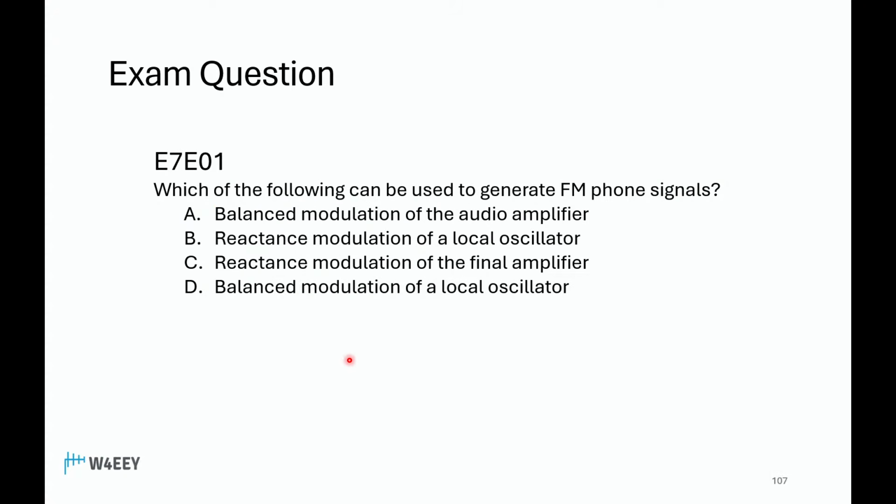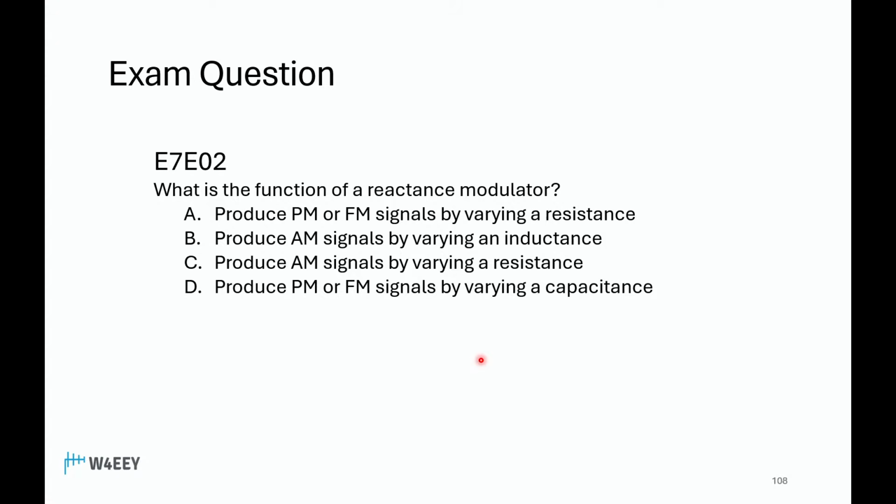The final few questions. Which of the following can be used to generate FM phone signals? Bravo, reactance modulation of a local oscillator. What is the function of a reactance modulator?